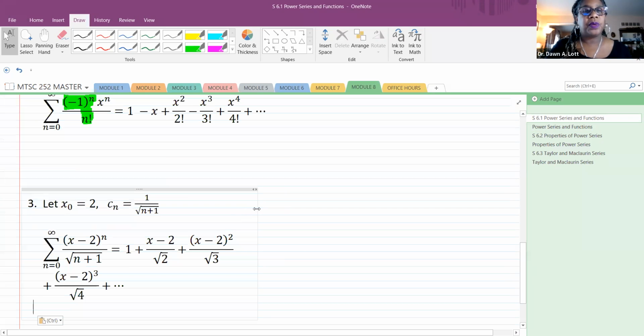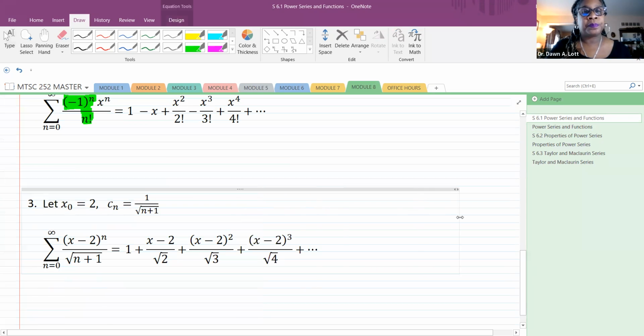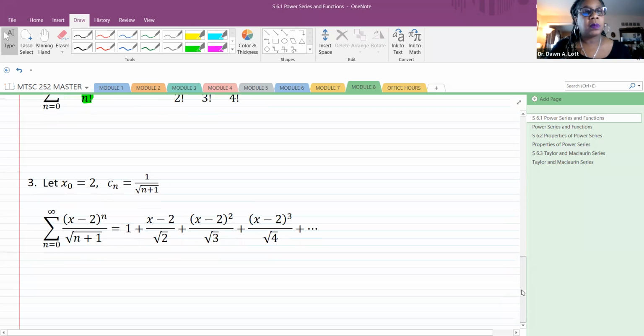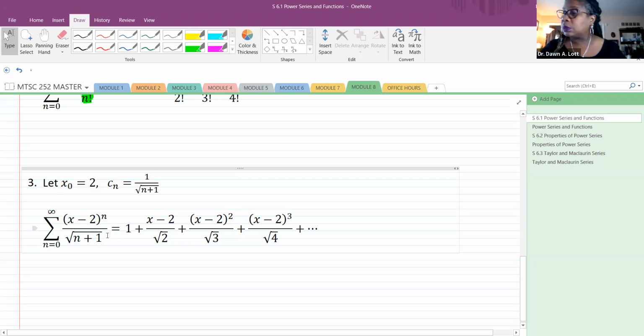All right, so our third example, this time we have x naught equal to 2. So I have x minus 2 to the n, and then my Cn is 1 over the square root of n plus 1.